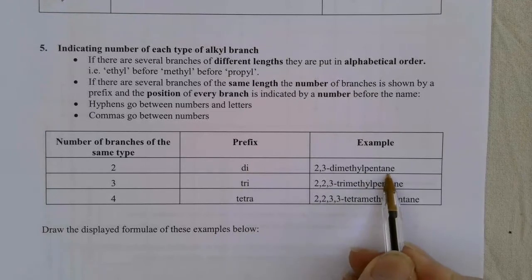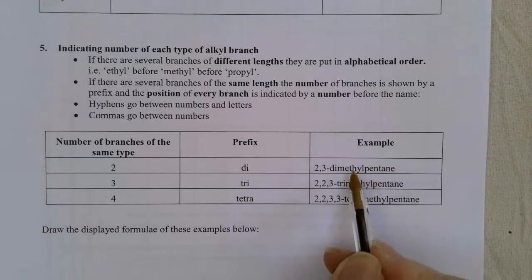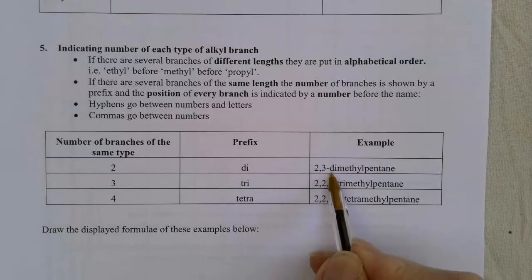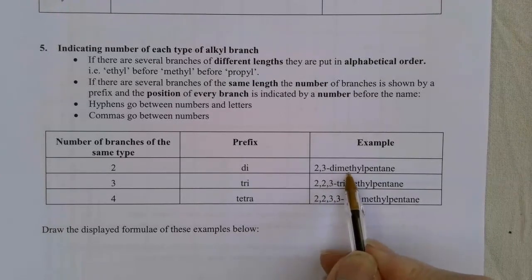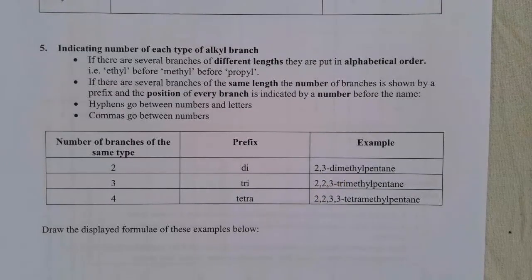So pentane means I have a backbone of 5 carbons and it's an alkane functional group. Methyl means that there is a branch with 1 carbon on it. Di means that there are 2 methyl branches. 2, 3 indicate the position of those methyl branches on my pentane backbone.